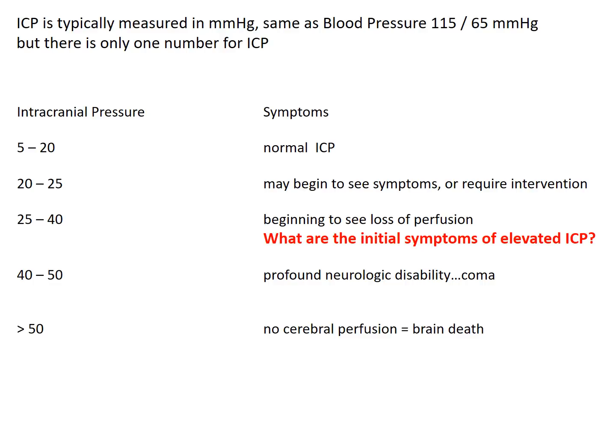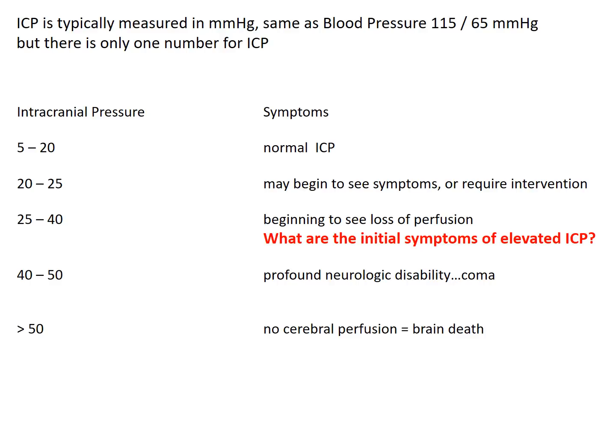Starts to be considered to be elevated once we get above 20. And the higher the intracranial pressure elevates, the more likely you are to begin seeing symptoms. So somewhere around 25 millimeters of mercury, and in some people it might be a little bit lower, but let's just use 25 for now. At about 25 millimeters of mercury of intracranial pressure, the individual starts to develop symptoms.